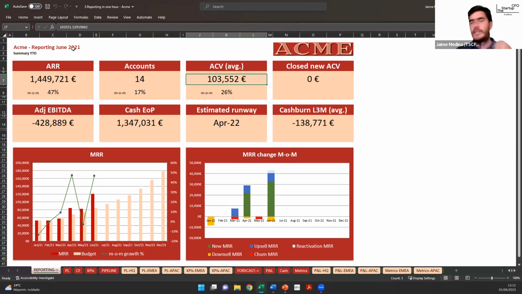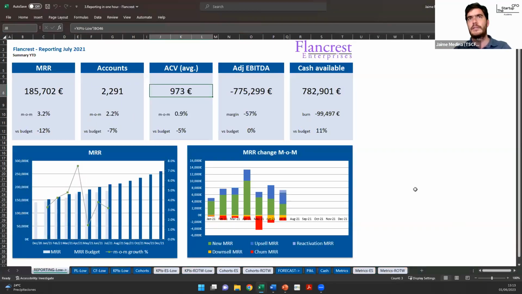By the way, obviously we sanitized all the figures, and on top of that I chose a very different report delivery. So we will analyze this. You see also more differences. Acme has three companies, so it's a parent company and two subsidiaries, while Flancrest is only one company. We will see that this will create some differences afterwards.